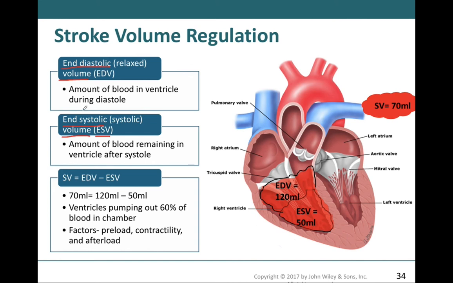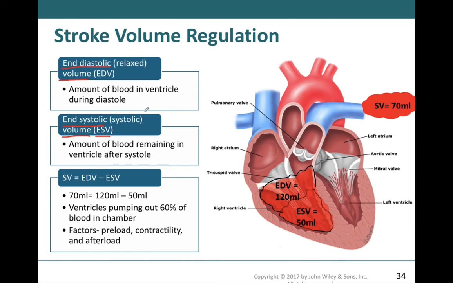Now the end systolic volume is going to be just about the opposite. This is the amount of blood that's remaining in the ventricle after the ventricles have undergone systole. So once the left ventricle contracts and squeezes that blood into the aorta, there will still be a little bit of blood remaining in the ventricle that did not get pumped into the systemic circulation.